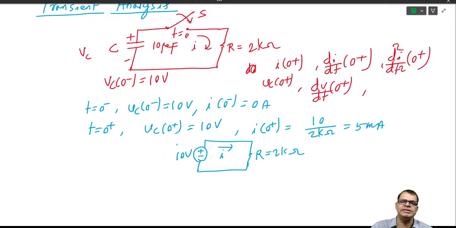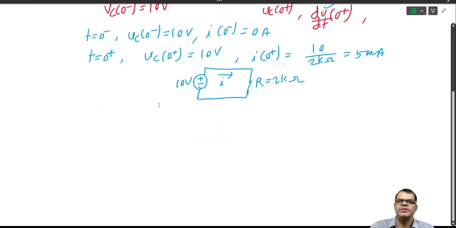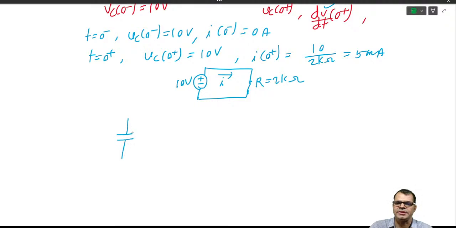Now the question is how to find the initial rate of change of voltage across the capacitor and current through the resistor. For that, you just write the dynamic equation of the circuit after switching.